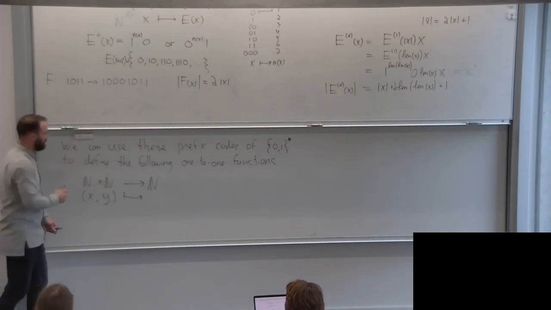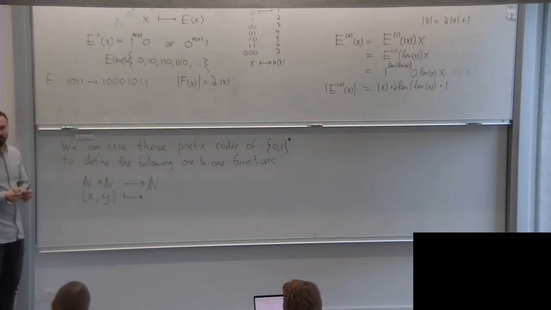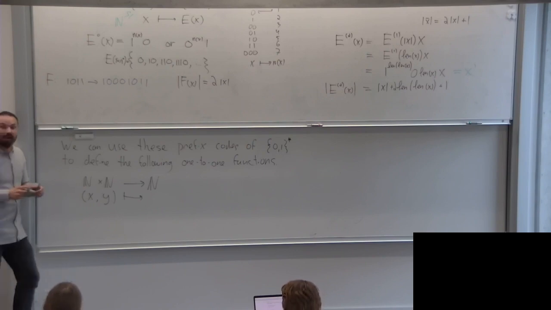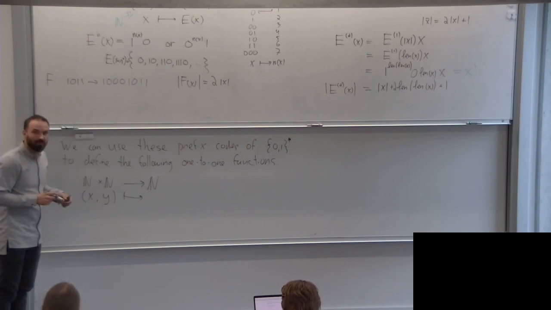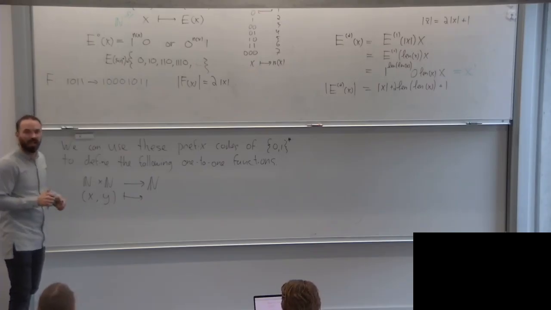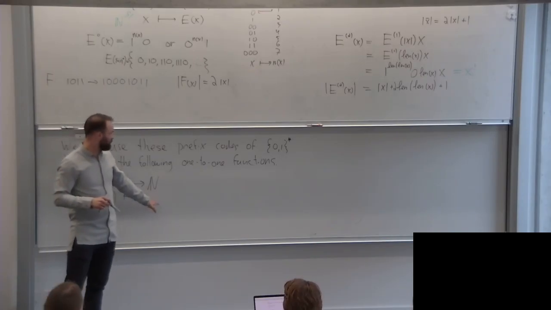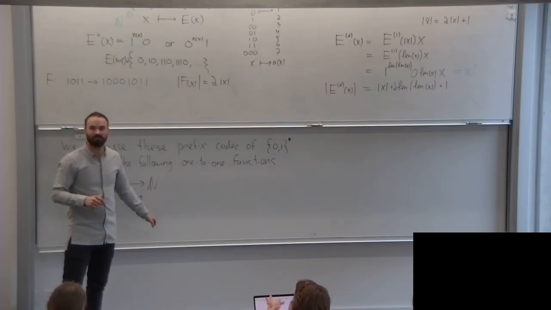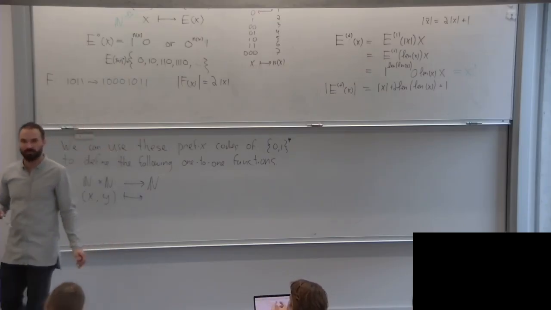What could we use? Any ideas? Product. Sorry? Product, just X times Y. It's not going to be one-to-one, because if the output is 4, what did I encode? 2 and 2?